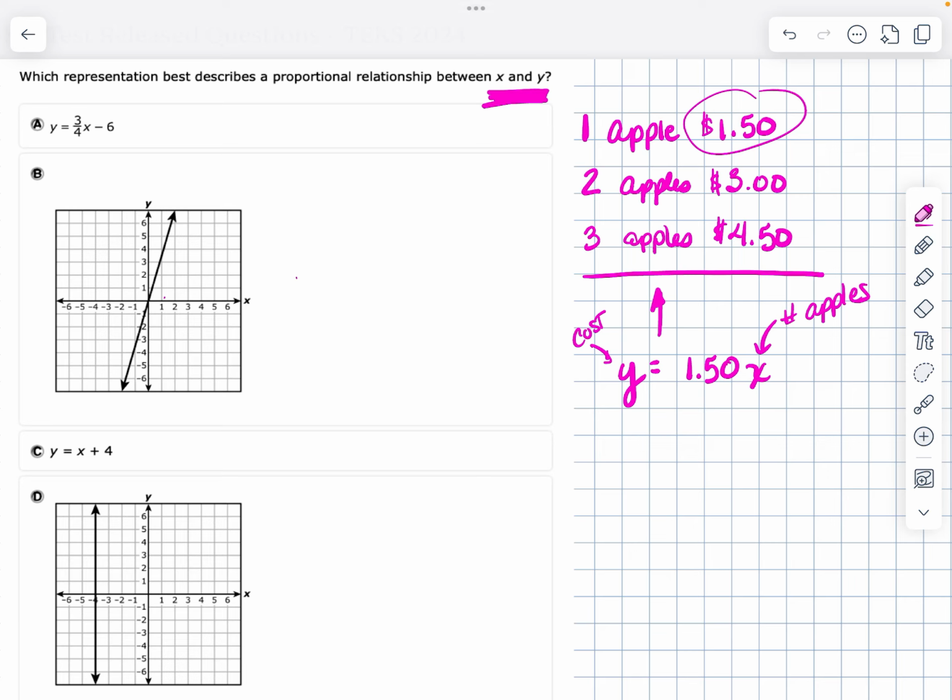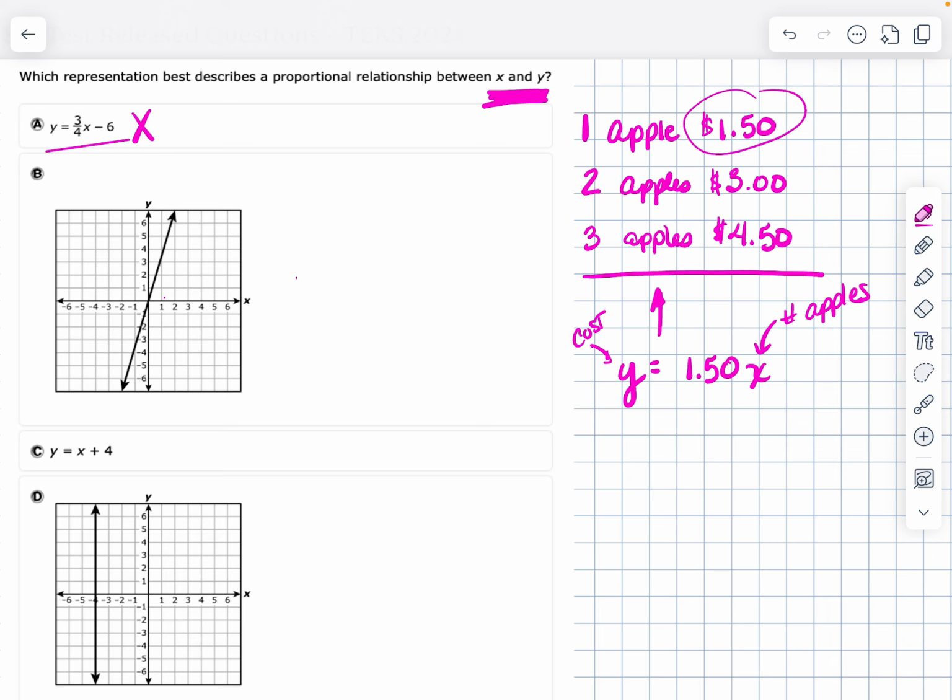So that's proportional. There's nothing else added onto this to say you get a discount or it costs more or anything like that. Okay, so now let's look at our answers. Based on this apple thing, I've got y equals 3/4 x minus 6. I've got that minus 6 in there, and that tells me that is not a proportional relationship.